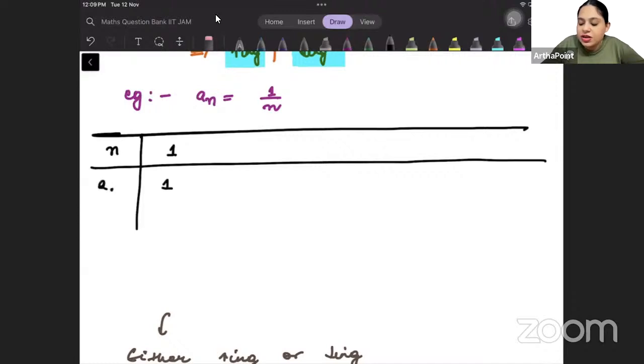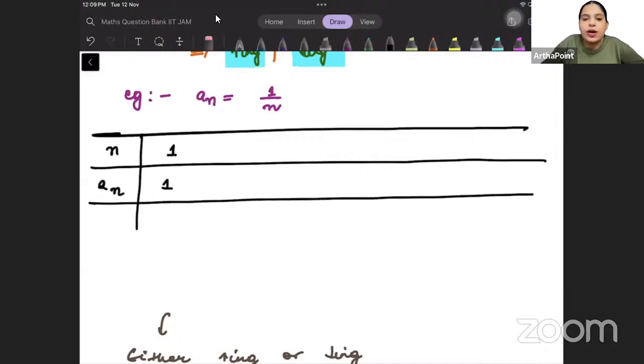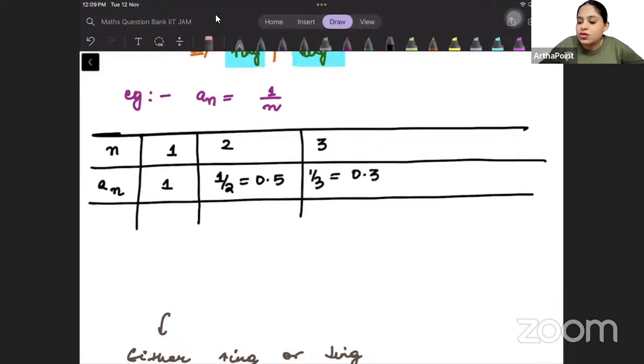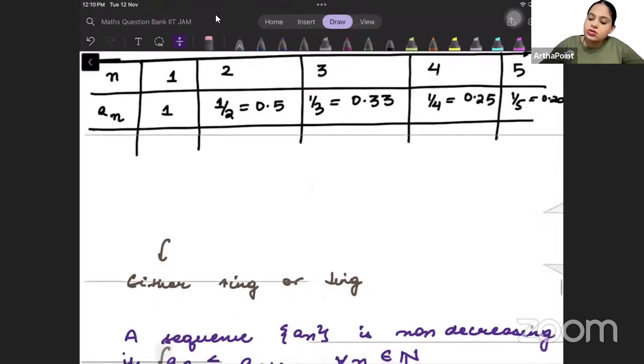Now I plug n as 2, so I will get 1 by 2, 0.5. Then I plug n as 3 and I will get 1 by 3, which means 0.33. Then I plug n as 4 and I will get 1 by 4, 0.25. I plug n as 5 and I will get 1 by 5, 0.20, and so on.